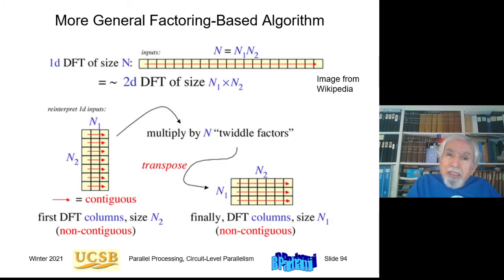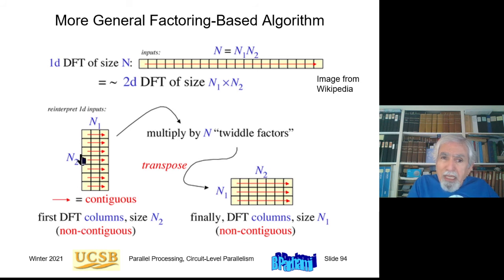Okay, so this FFT is actually a special case of this more general scheme. So if you have a one-dimensional DFT, you can put the elements into a matrix. So this shows the order of the elements. The first three elements go here, the next three here, and so on.